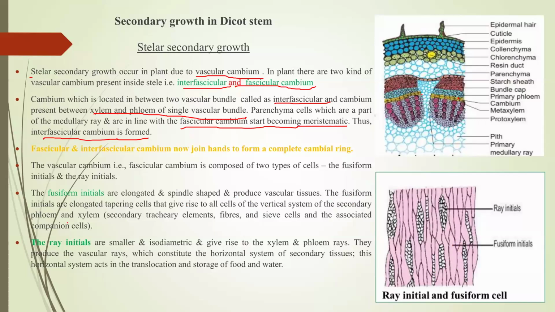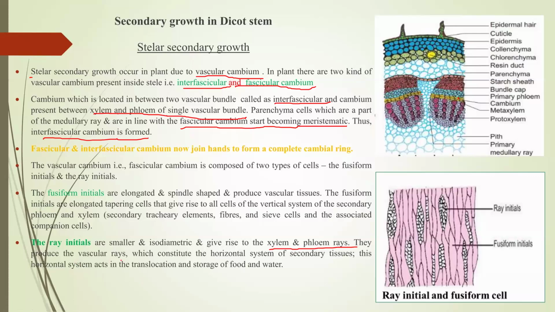The fusiform initials are elongated, tapering cells that give rise to all cells of the vertical system of the secondary phloem and xylem, that is, the secondary tracheary elements, fibers, sieve cells, and companion cells. Whereas the ray cells are smaller and isodiametric and give rise to the xylem rays and phloem rays.